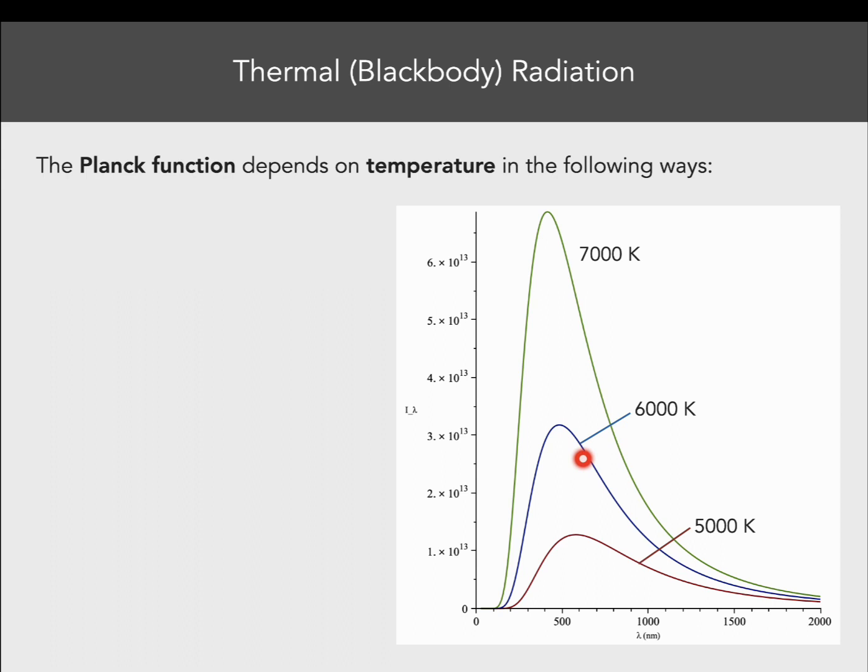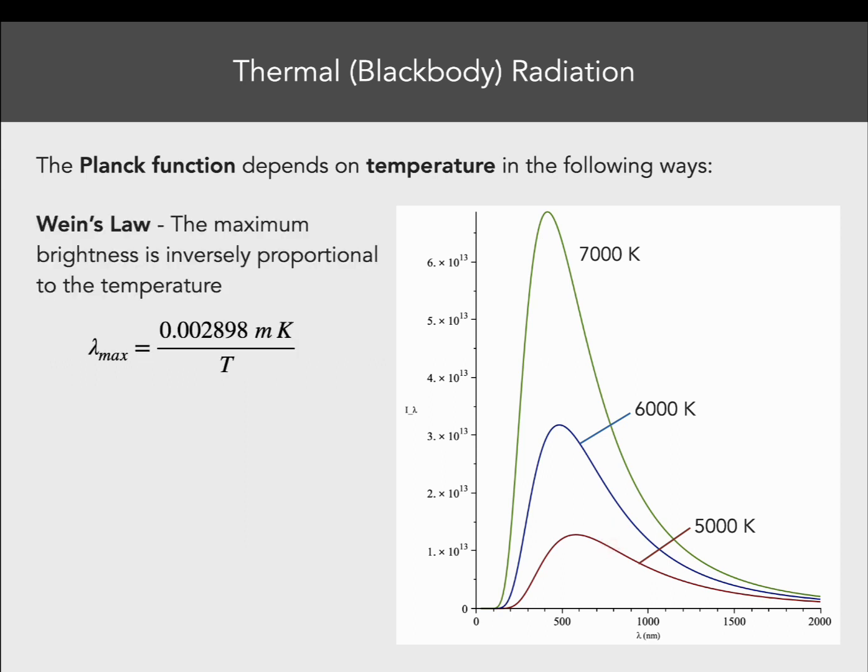So this is comparing the thermal radiation given off by the sun with a slightly hotter star and a slightly cooler star. The first result is called Wien's law, and it says that the wavelength of maximum brightness of the Planck function is inversely proportional to temperature. The maximum brightness just means the peak of this distribution.